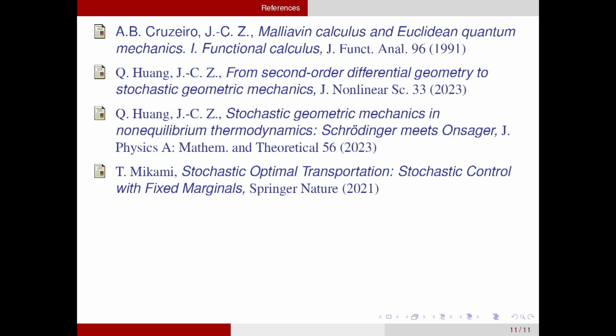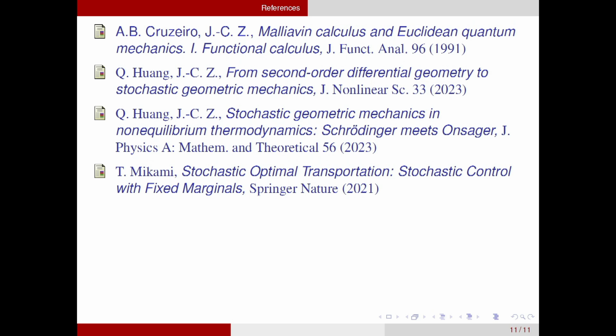This one is a variation on the theme of statistical physics or quantum physics. Mikami has written a little book on stochastic optimal transportation, which is very recent, but you understood this before everybody, ten years ago at least.